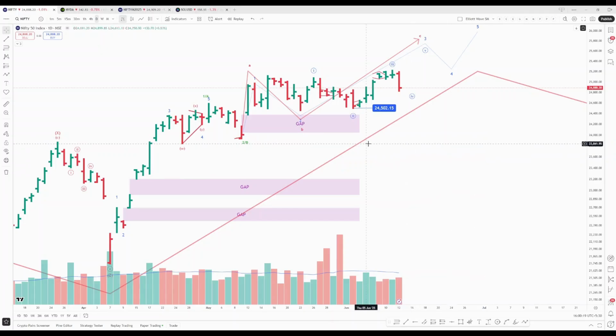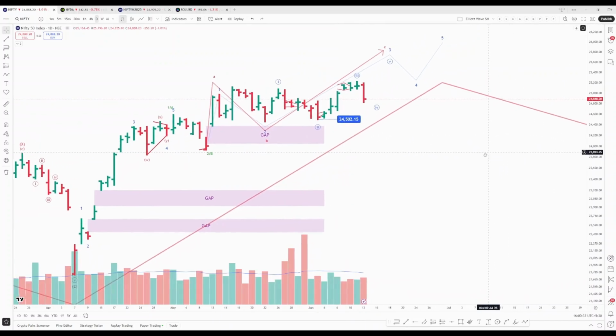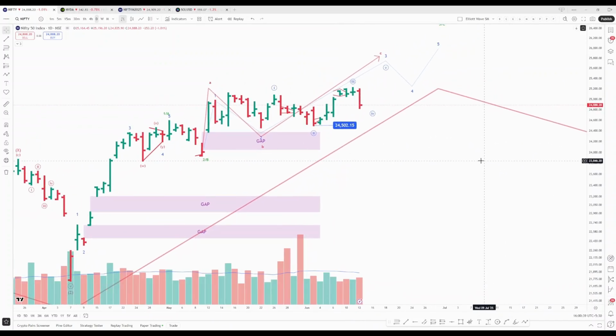How? So we have this 1, A, 2 or B, and then within 3 we have 1, 2, and we were supposedly in 3 of 3C. So basically this overlap could also mean, which I believe is probably more likely, that this 5 wave is actually extending into 9 waves.